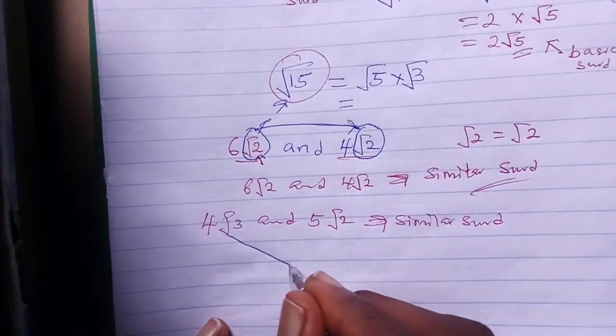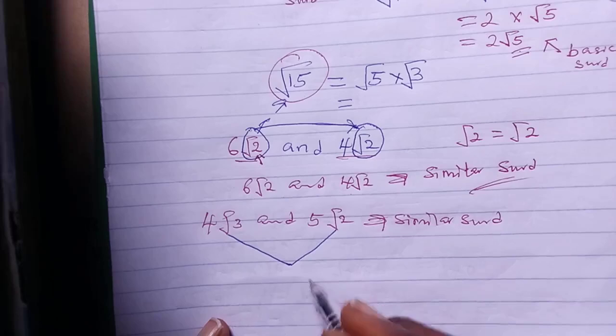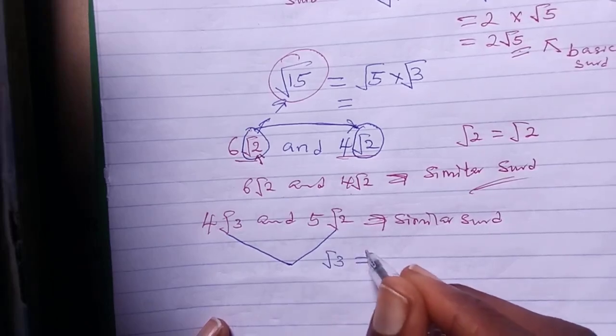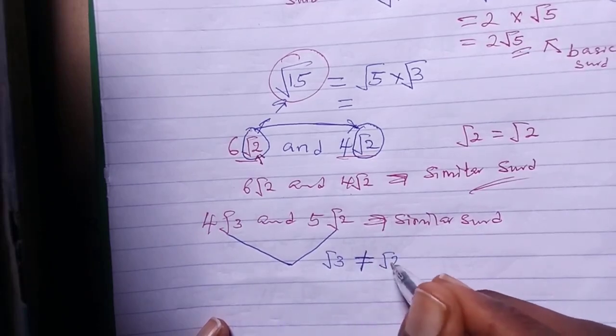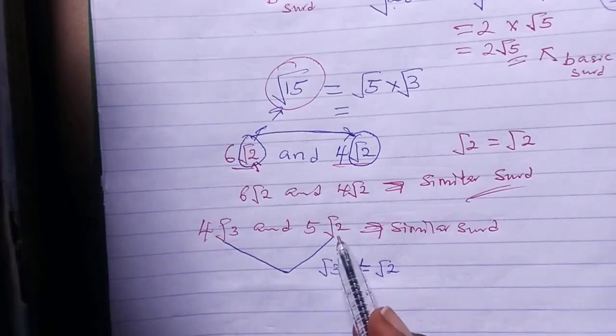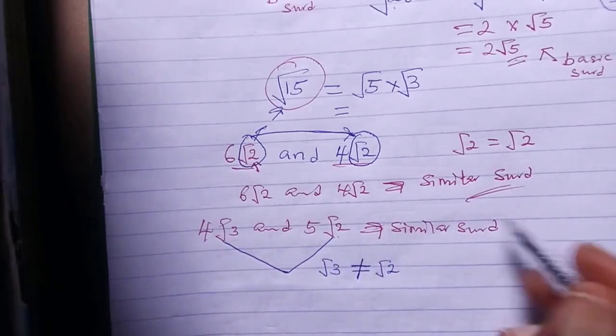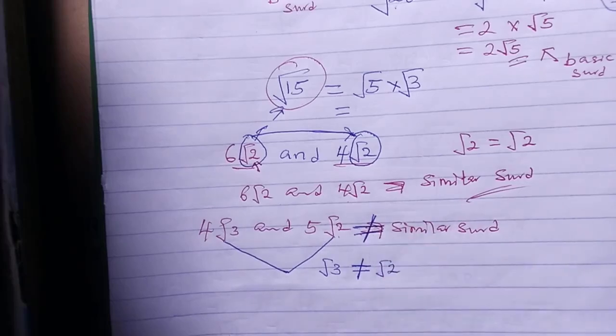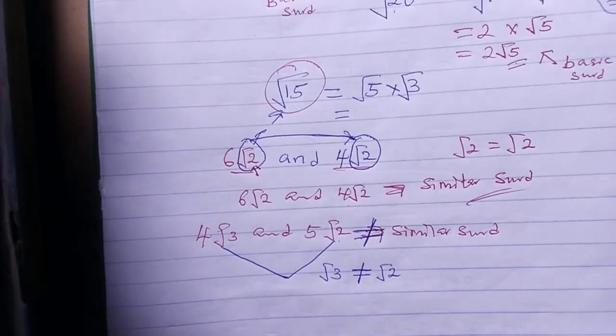Because the irrational part, that's the root part of it, is not the same. Root 3 is not equal to root 2. Because of that, 4 root 3 and 5 root 2 are not similar surds. I believe this is very clear.